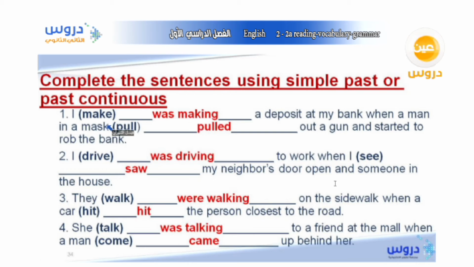I was making, and the man pulled out, we use simple past. Okay? People, you are focusing only on simple past or past continuous. Sounds great. Good, good, good. We're going to put this star here. Okay, good.